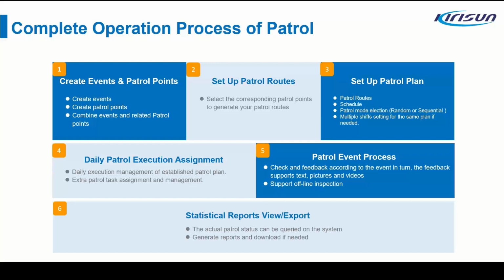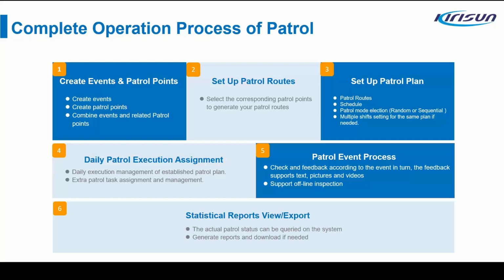During the patrol process, you need to do the daily patrol execution assignment, such as execute the patrol plan, or there are some emergencies and the plan must be revised. You also can modify the patrol plan and assign it.